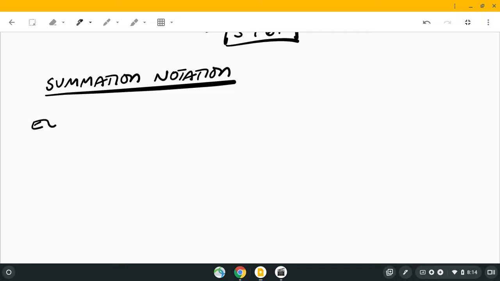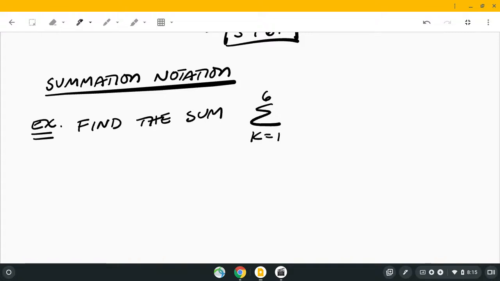Just like in arithmetic sequences when we were using summation, same idea. So let's find the sum, and suppose it's represented like this. K equals 1 to 6. So again, that means find the sum of the first 6 terms.